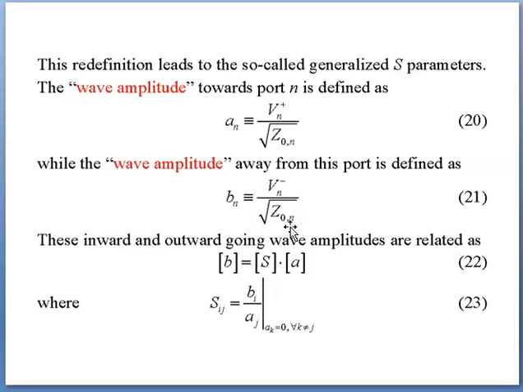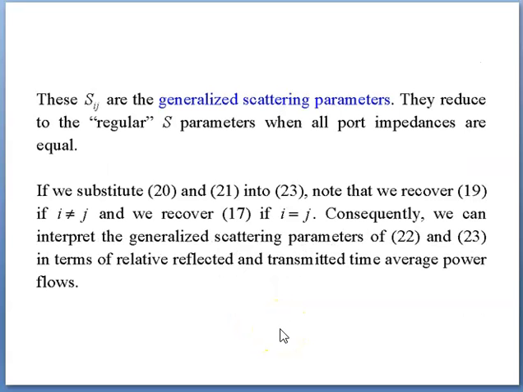The inward and outward going wave amplitudes are related as B is equal to S times A. So the matrix, yeah, you will have Sij is equal to Bi over Aj. This is what we call generalized scattering parameters.